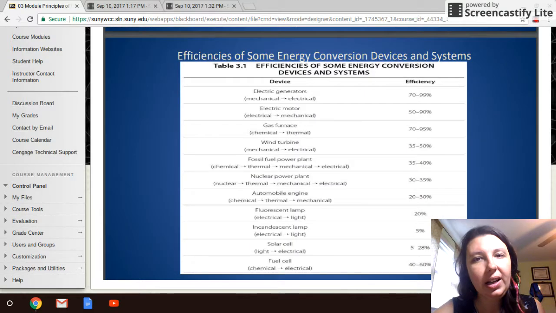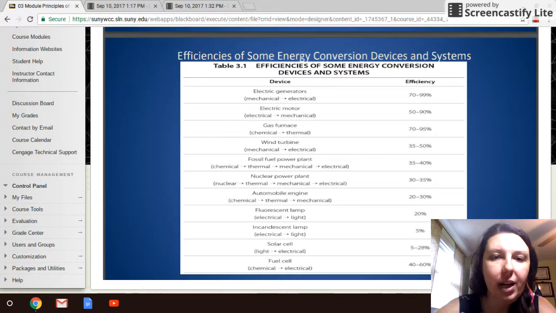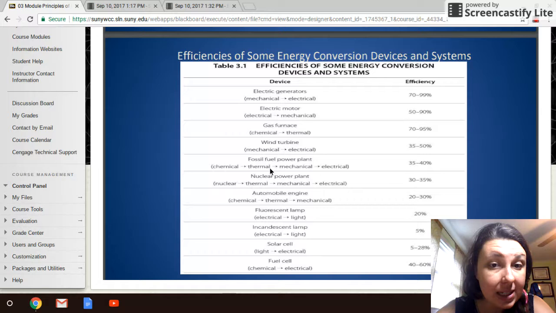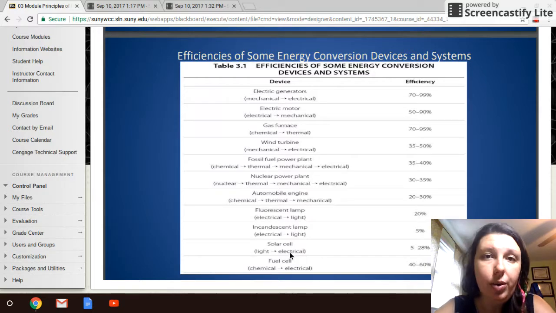This is a little graphic that shows us a little bit of the efficiencies of various systems. And notice that when I add in more steps to my system, I lose efficiency, right? But I also want to point down here at solar cells. Solar is incredibly inefficient. We don't use nearly as much of the sunlight spectrum as we could and should use.